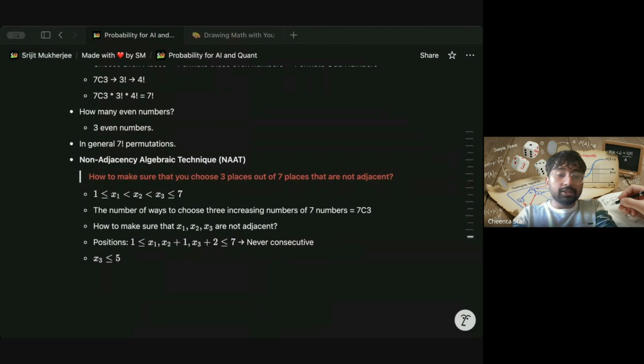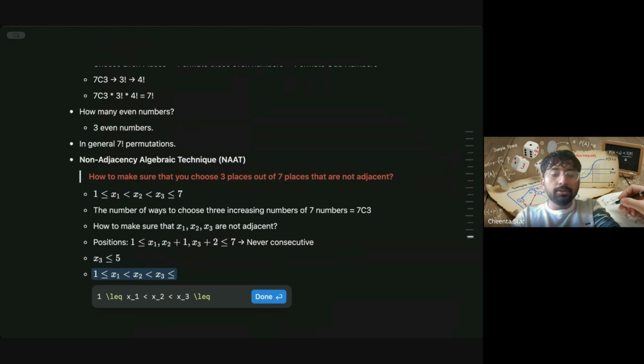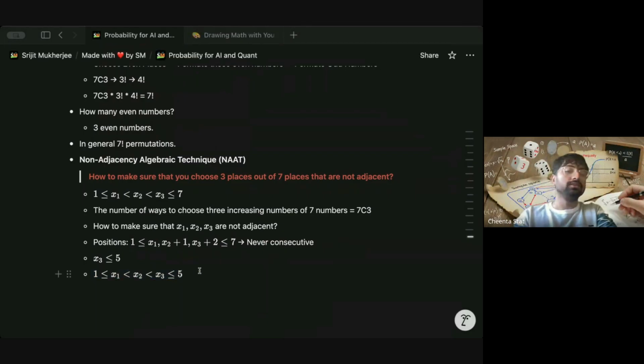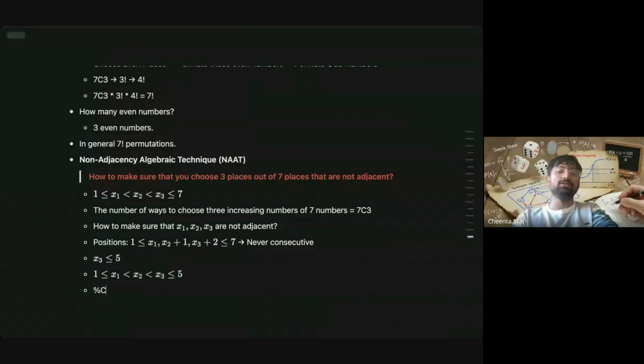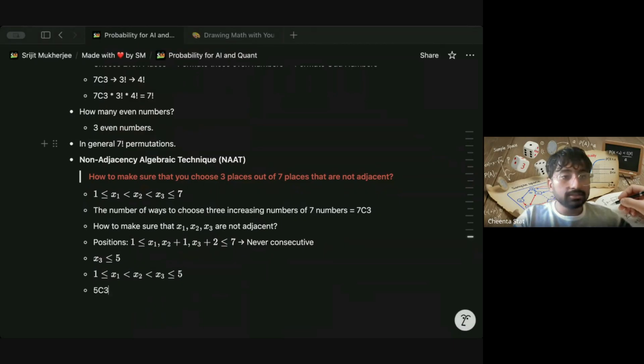So now you have to choose between these, and this will hold. Therefore, the answer is 5 choose 3. Got it, guys? Beautiful, right? All of you got it? This is the way you do it.